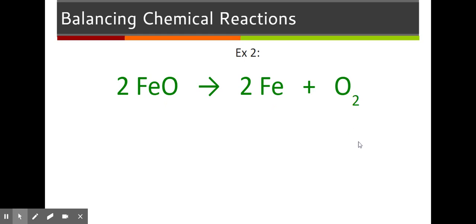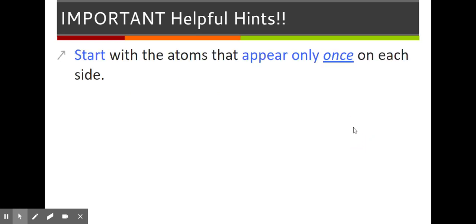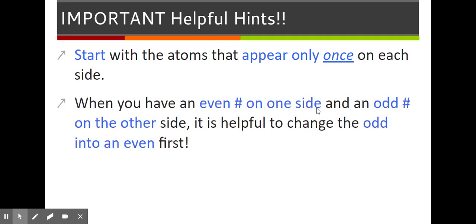Before I release you guys to do some independent practice, your homework, I want to give you a few helpful hints. The first is that you start with the atoms that appear only once on each side. So if it's a double replacement reaction and you have hydrogen twice on the right-hand side, don't start with hydrogen.